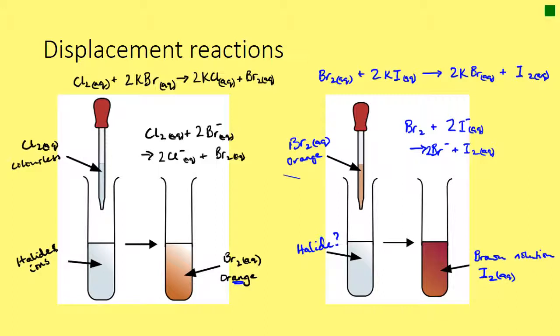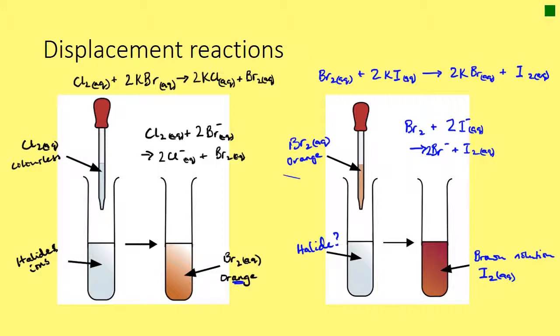And this colourless solution in the test tube is a solution of halide ions. Now let's say, for example, we didn't know which halide it was, and we wanted to know. That's the experiment.